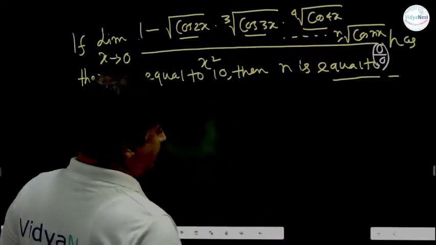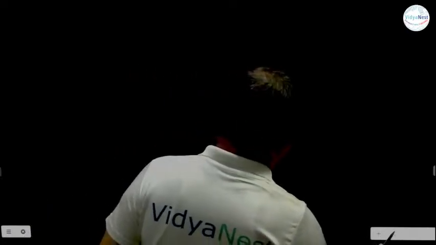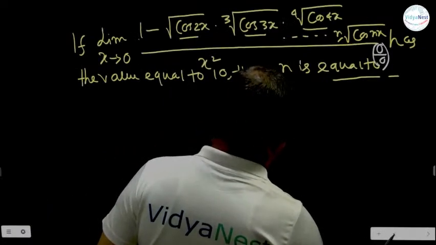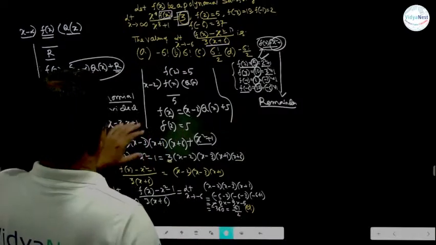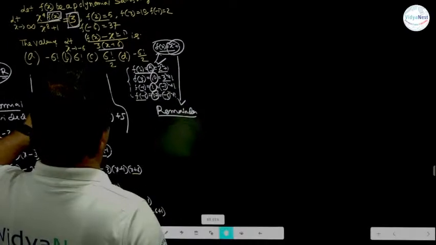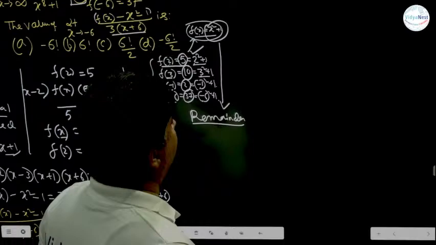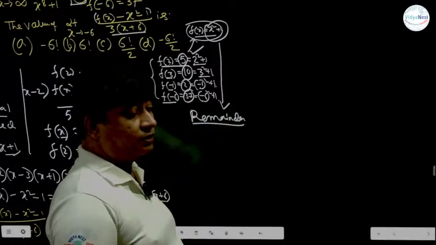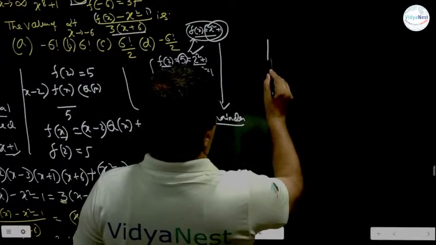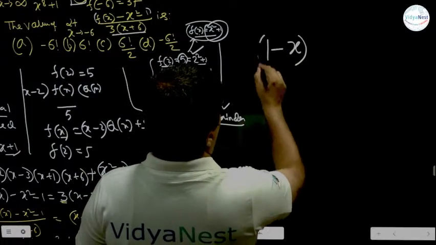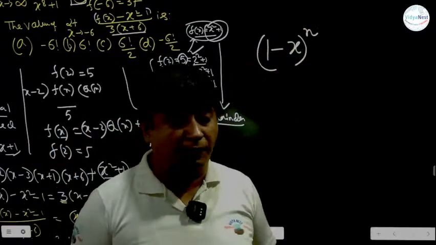See, let us go back to the previous page and let us recall the binomial expansion which I had told you last day. What is that? 1 minus x whole to the power n. Do you remember that? 1 minus x whole to the power n.